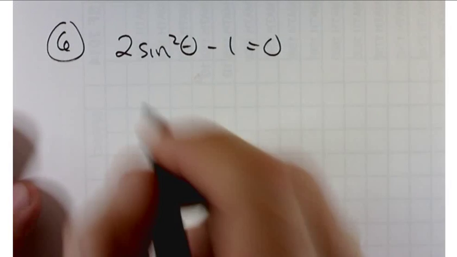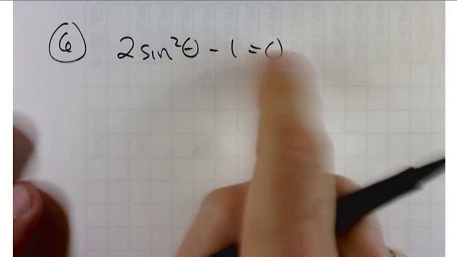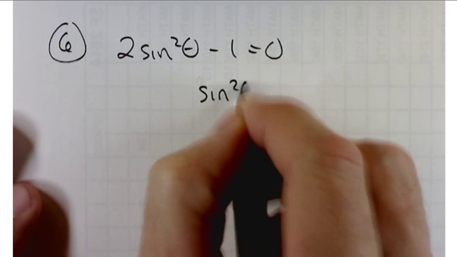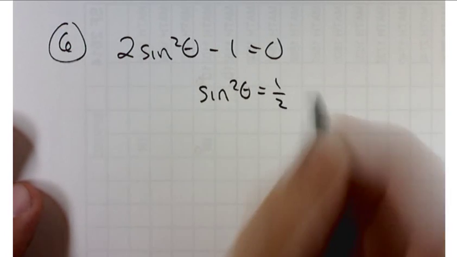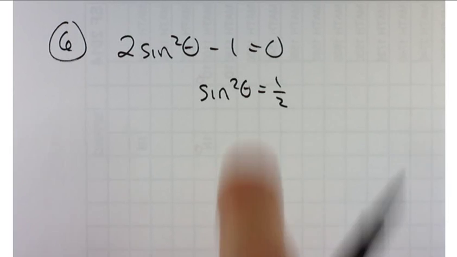I'm kind of at the end of my time here, so let me hurry this one up. I'm going to move the 1 to the right-hand side and then divide by 2. So we get sine squared equals 1/2. Of course, I don't really want 1/2. I don't want sine squared, I want sine.